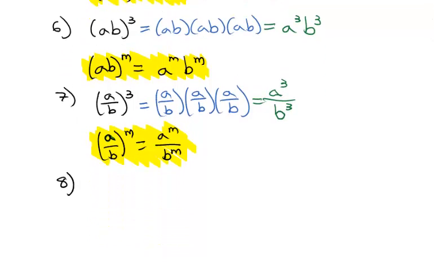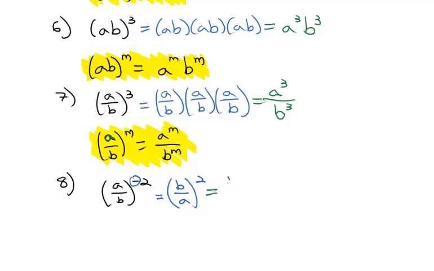Our 8th property is going to be similar to this fraction power, a over b to the negative 2 power. The negative exponent we know is going to move things around. So the negative exponent is actually going to flip this over to b over a squared.